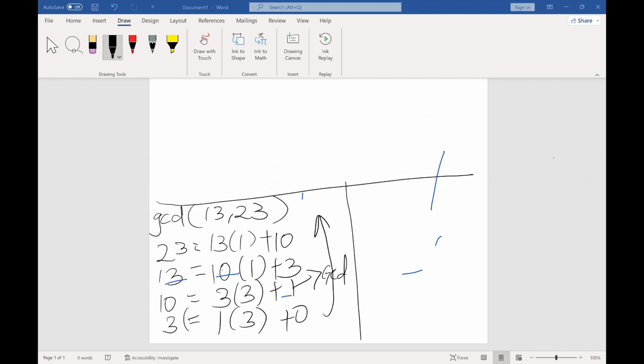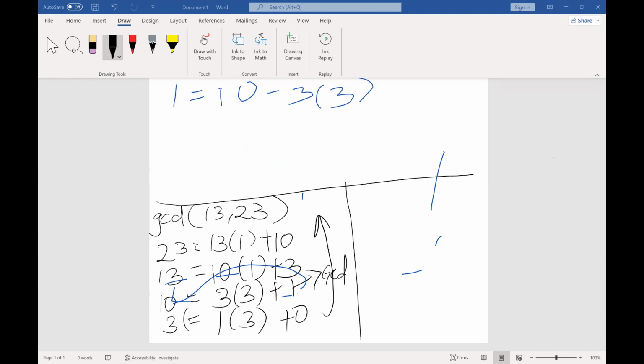We make 1 the subject. So if we were to take this 1, make it cross over to this side, making 1 the subject, that would be 10 minus 3 times 3.